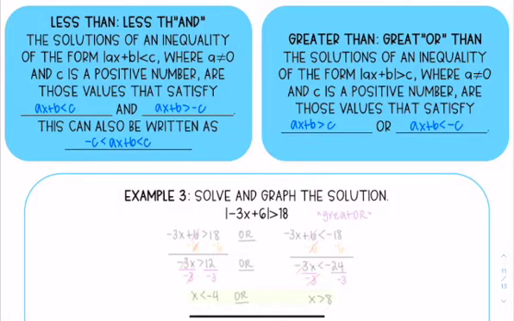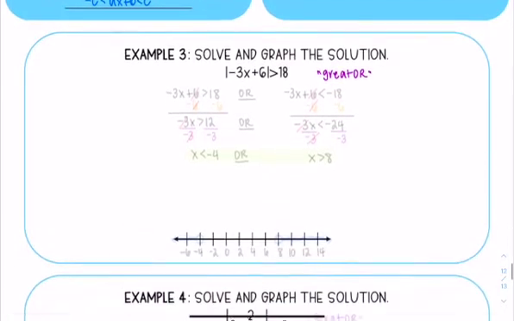We have the absolute value of negative 3x plus 6 is greater than 18. So this is going to be a greater than problem. And so we're going to have two different equations or inequalities going on here.